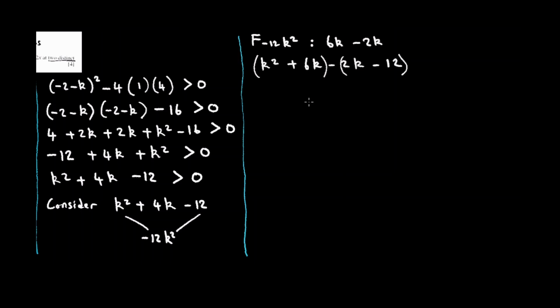After bracketing, factor out k so that what remains is k plus 6, and factor out minus 2 so that here it is also k plus 6, because minus 2 times plus 6 gives minus 12, like this. And this eventually is simply k minus 2, k plus 6.